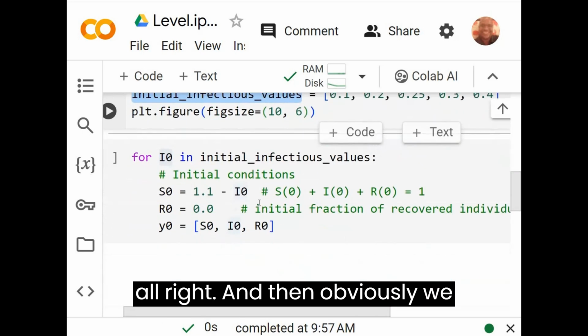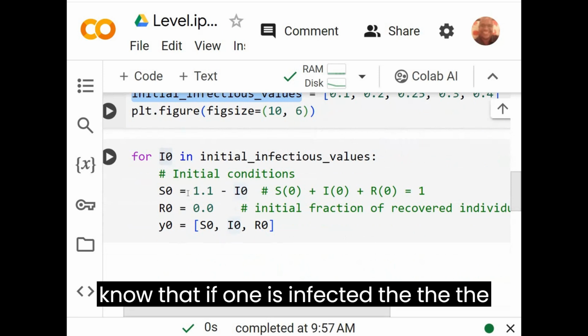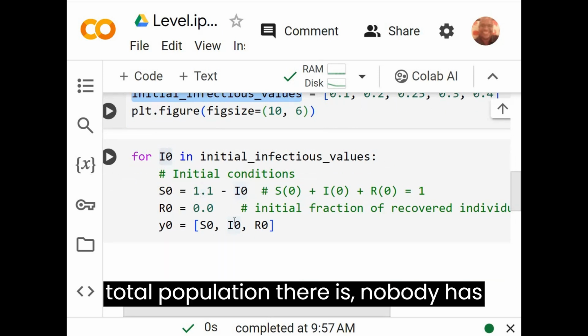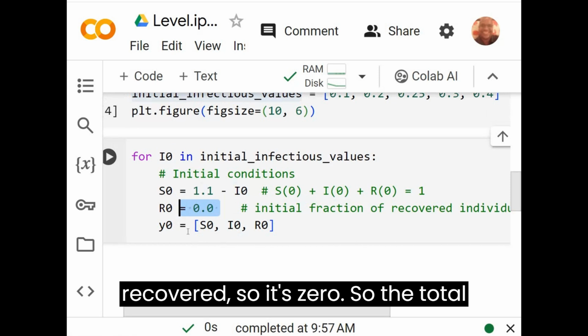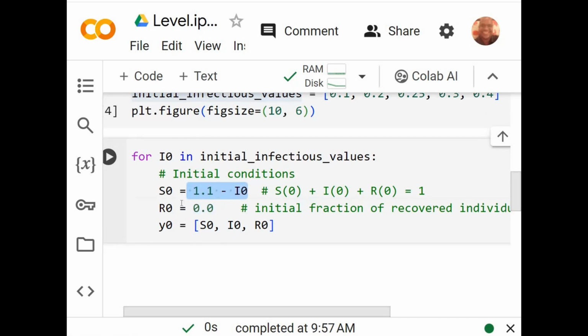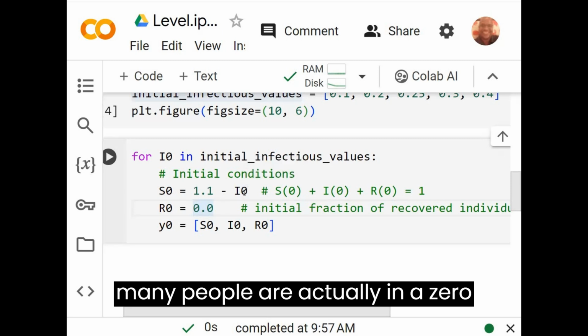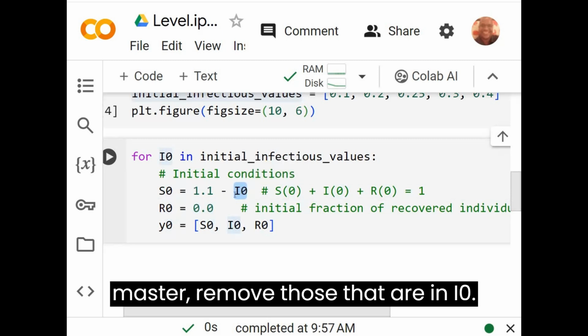All right. And then obviously we know that if one is infected, there is nobody who has recovered, so R0 is 0. So the total population will simply be S0 plus I0. In order for us to see how many people are actually in S0, we must remove those that are in I0.